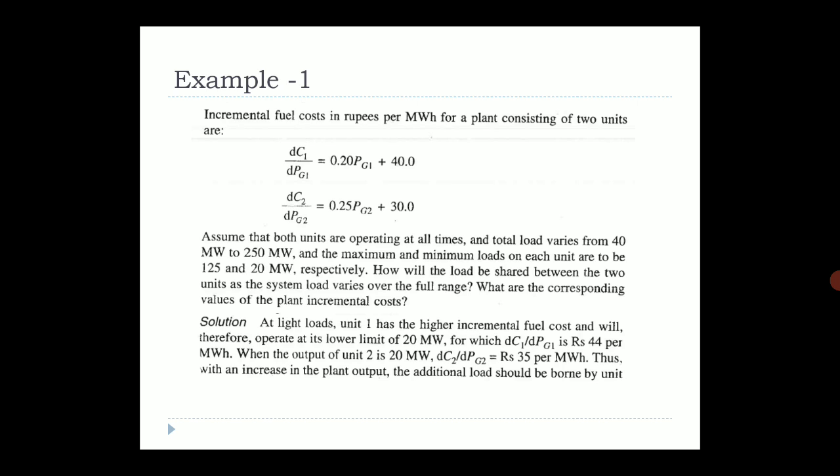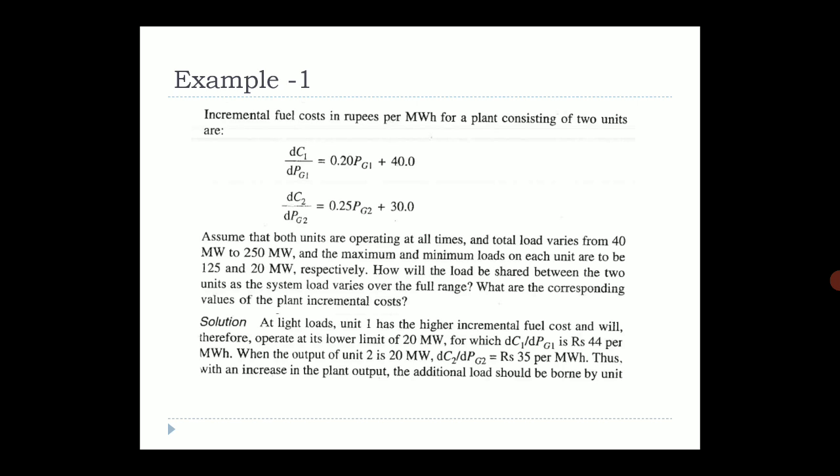Now at light load, that is 40, unit 1 has higher incremental fuel cost. How do you know? You can see that the rate of fuel cost is more for generator 1. The constant 40 is more. So for our 40 load, we cannot allow generator 1 to run more than the minimum it can do, that is 20 megawatt.